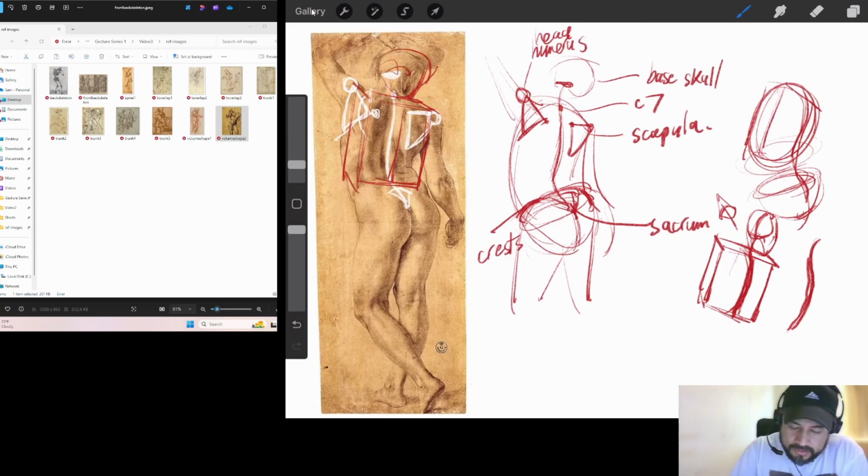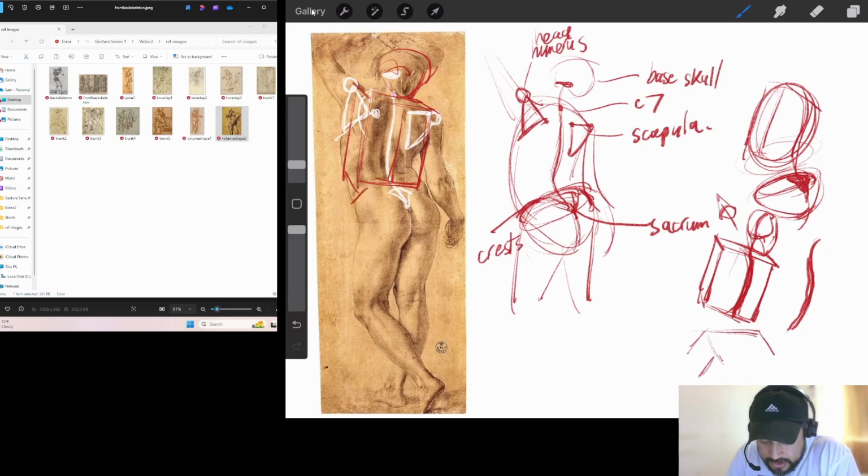Okay, and same for the pelvis. I represented it up here, and the sacrum would be like that. But if I want to challenge myself, and I want you guys to challenge yourselves, how would you represent this as a cube?